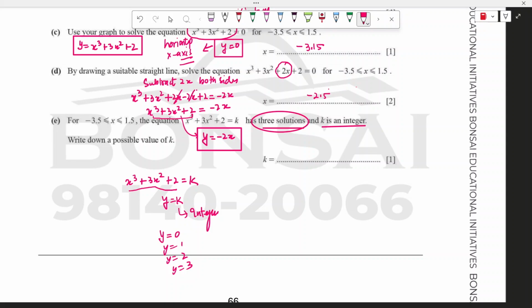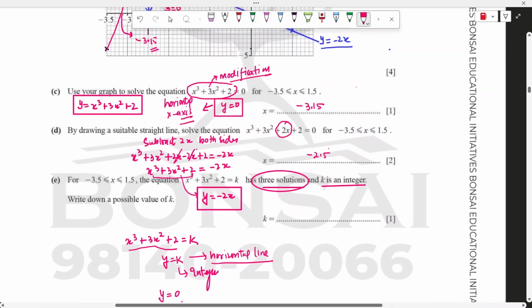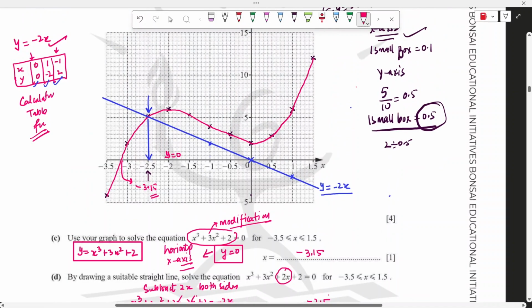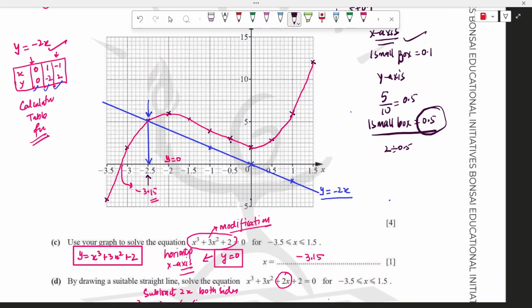So let us go to the graph. Y equal to something is a horizontal line. Okay, so we have to understand which horizontal line cuts the graph at 3 points and how many lines are possible. Let us see integral values.